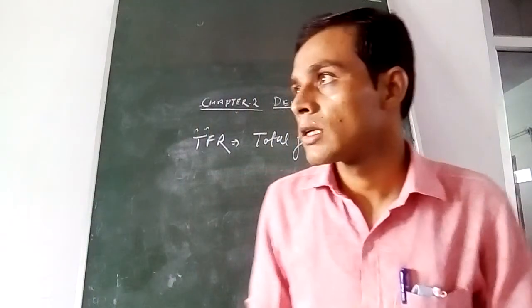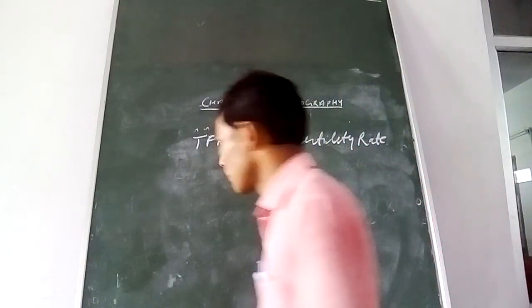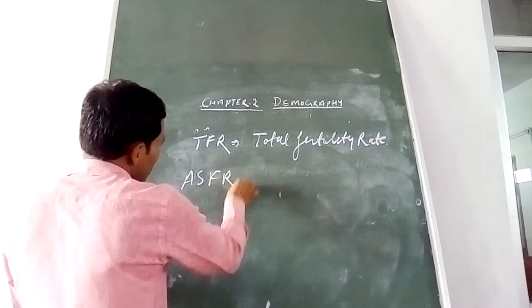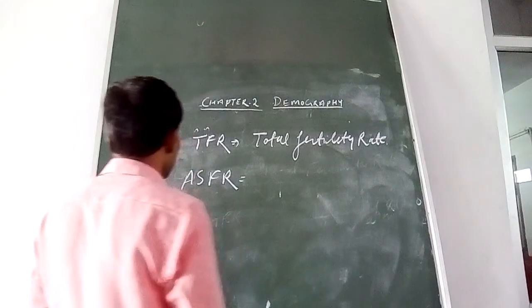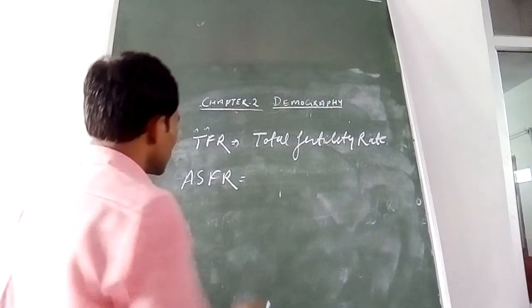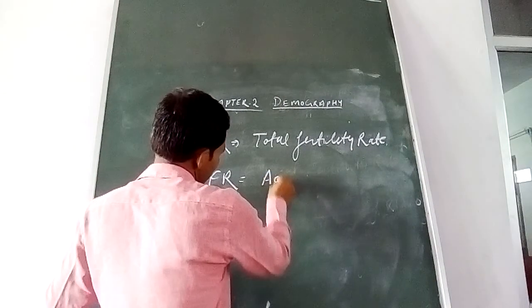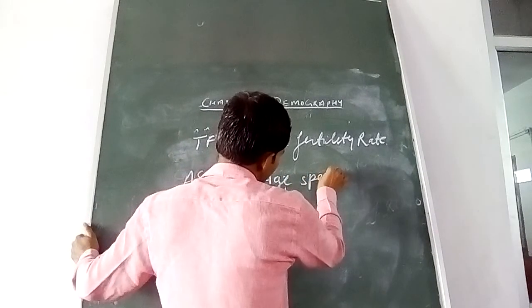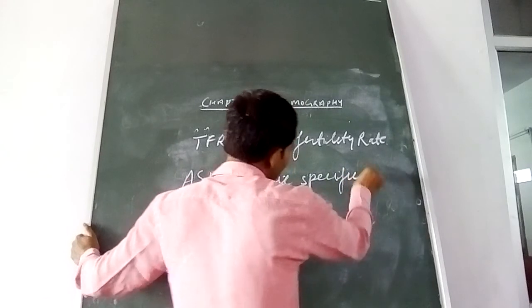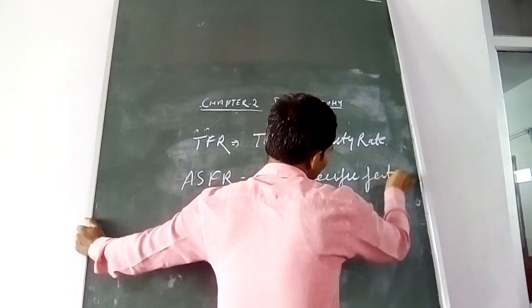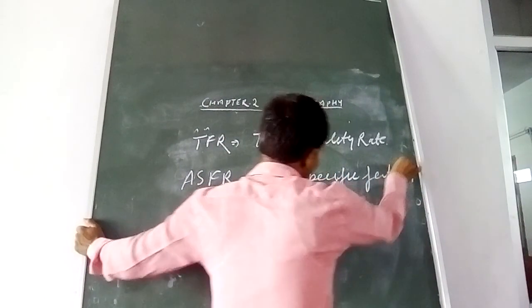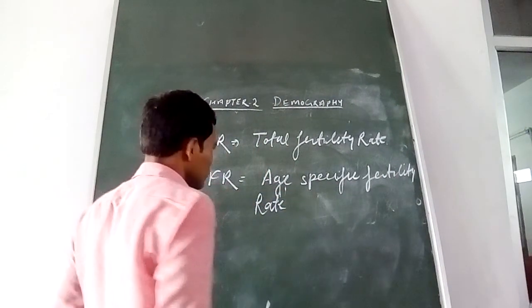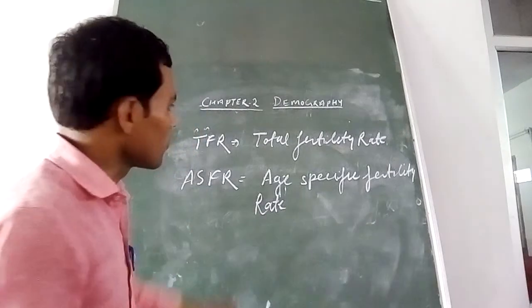According to this, ASFR means age specific fertility rate. This is also referred to the age group.